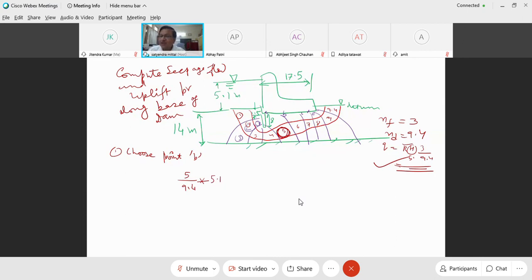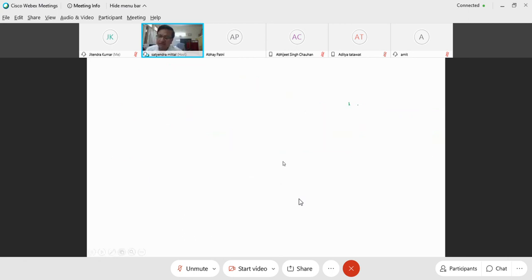So what will be the potential drop? You will have to subtract it from H. So this will be the head at point B. This much head is acting on this point B.